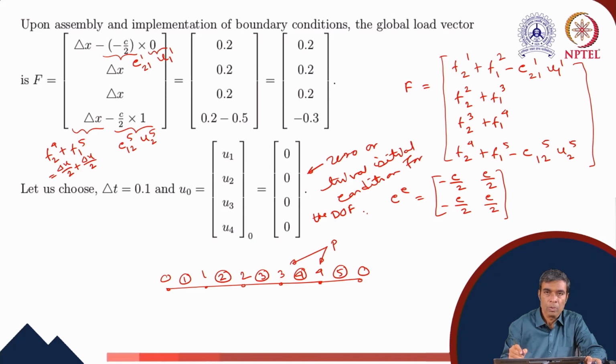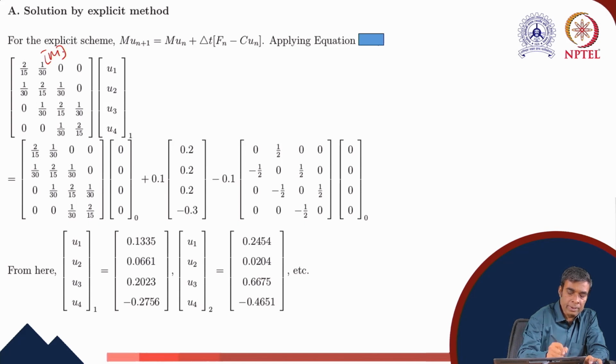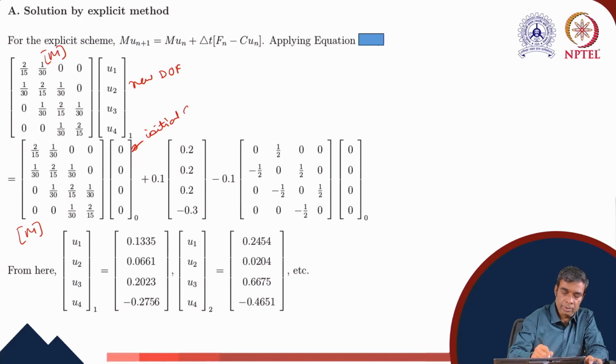Now we shall perform the time stepping under the forward Euler or the explicit scheme. Here we are showing the time stepping here. Here this is the global mass matrix. This is the new DOF or updated DOF. This is the global mass matrix, and this is initial condition for DOF.